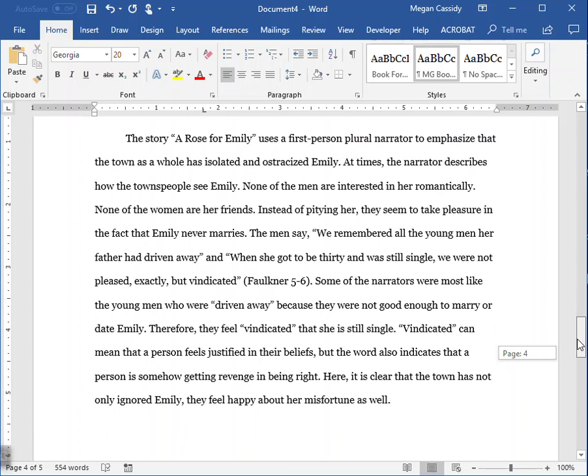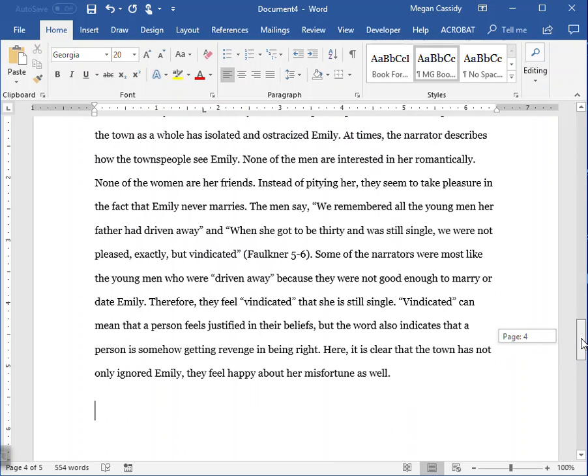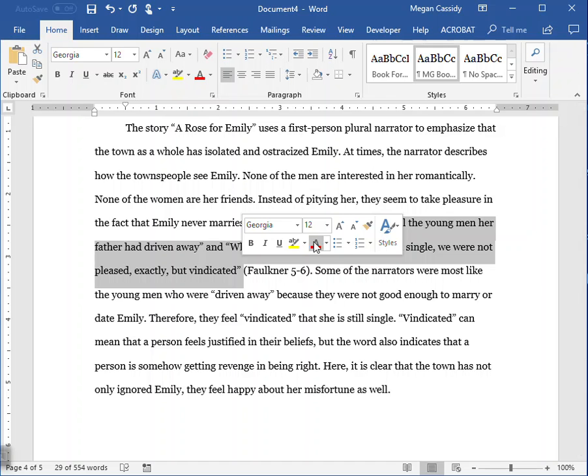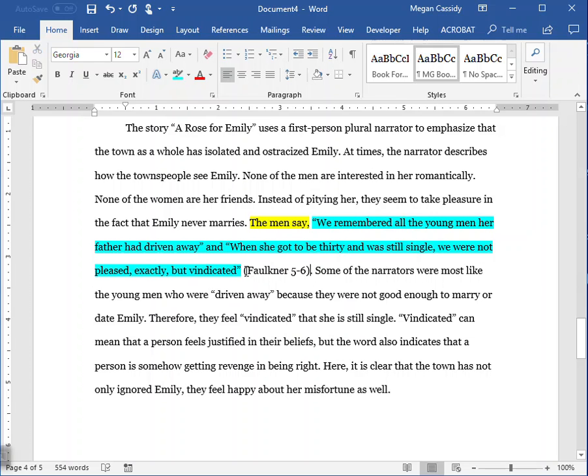One of the reasons I wanted to show you this is because I want to talk just a moment about two things. Number one, when I have this quotation, I have introduced the quote, and then I'm actually giving two short quotes here. You can just have one normally, but I have two short quotes. I'm going to put that in blue. And then I also have the citation here.